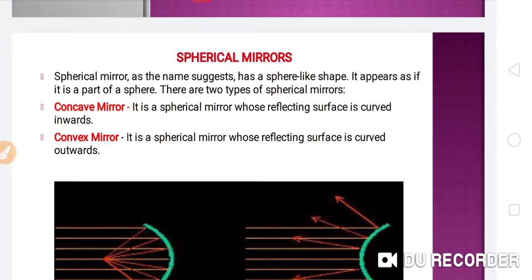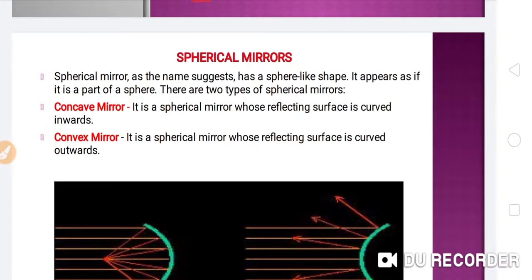Spherical mirrors, as the name suggests, have a sphere-like shape. It appears as if it is a part of a sphere. There are two types of spherical mirrors, which I have already taught you: a concave mirror and a convex mirror.